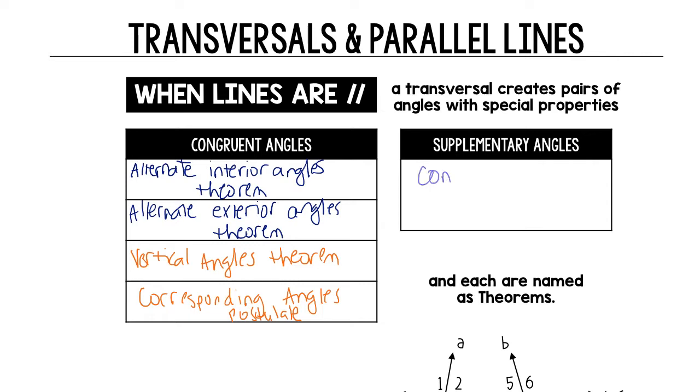That means the consecutive interior angles theorem tells us that consecutive interior angles are supplementary. Just as a reminder, that means the sum of their measures is 180 degrees.